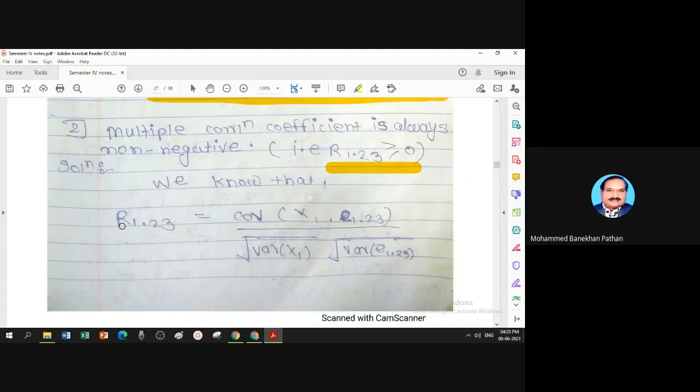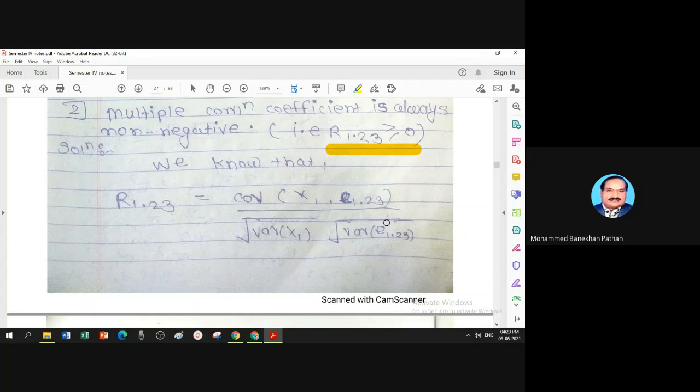We have the definition of the multiple correlation coefficient: R1.23 equals the covariance of x1 and E1.23 divided by the root of the variance of the respective quantities.